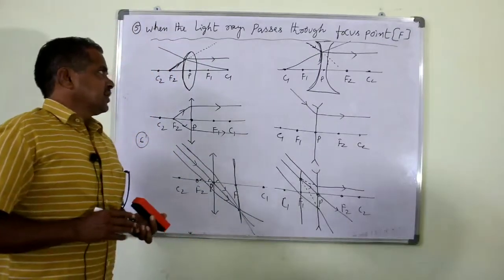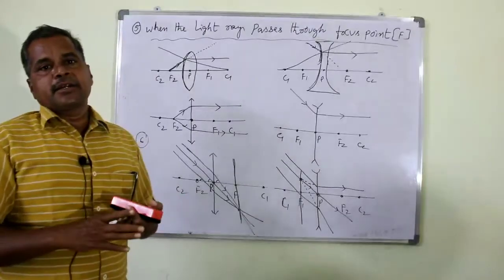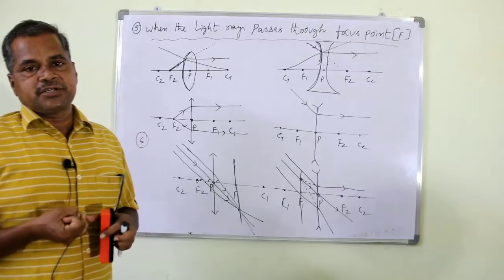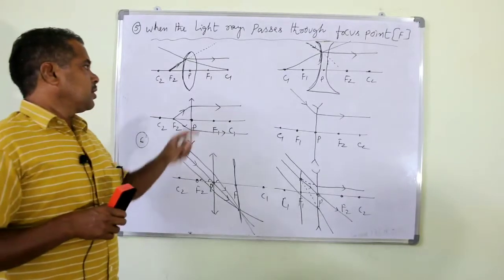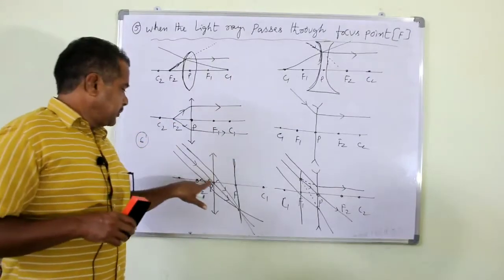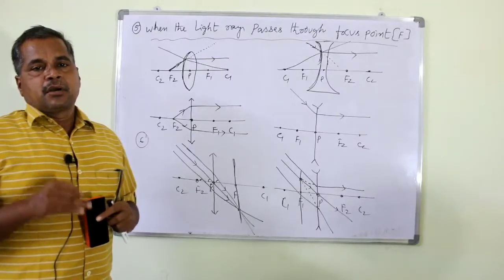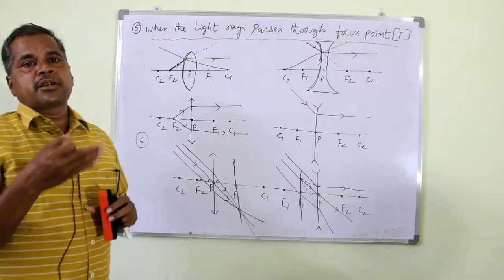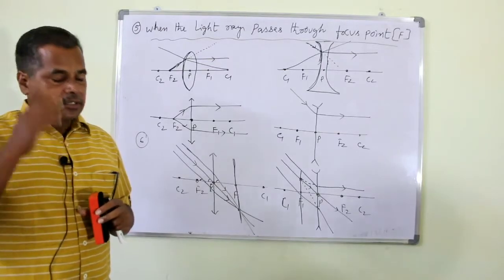So here we learned 6 cases. One is any light ray which passes along the principal axis, the corresponding refracted ray doesn't deviate its direction. The second one is any light ray which passes through the optic center, the corresponding refracted ray doesn't deviate its direction. The third one is any light ray which passes along the radius of the lens, the corresponding refracted ray also doesn't deviate its direction.